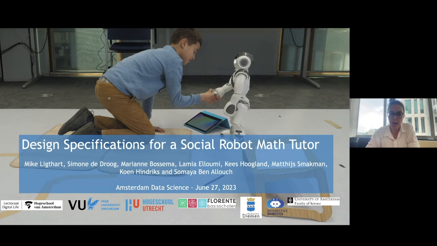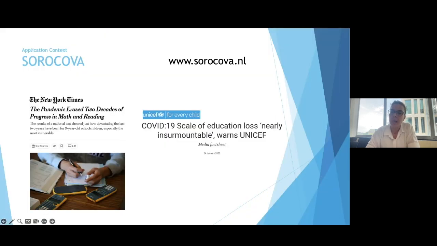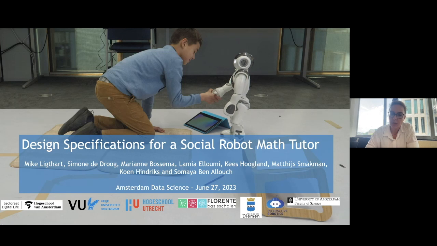So the idea behind this project was to see how we could use social robotics for the gap in education that had been established. Also, it has been shown that primarily children from certain groups had the most drawback of not being able to go to school.